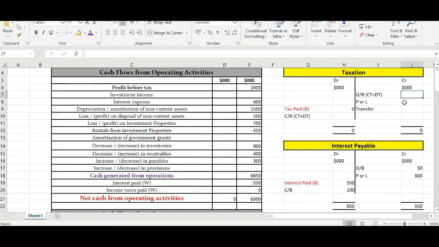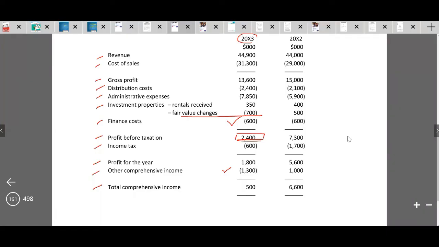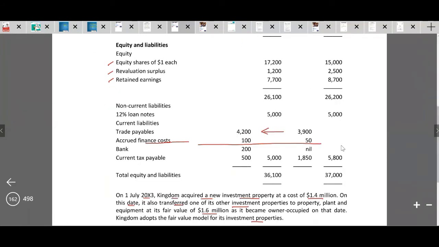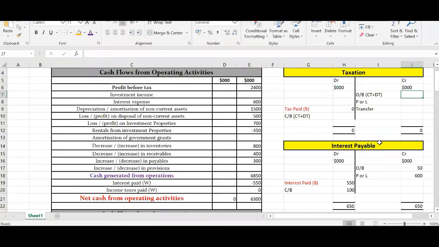So let's go to the balance sheet again and see. We have the tax payable and the figures are 1850 and 500. Be careful with the figures in the exam question. So the opening balance is 1850 and the closing balance is 500.